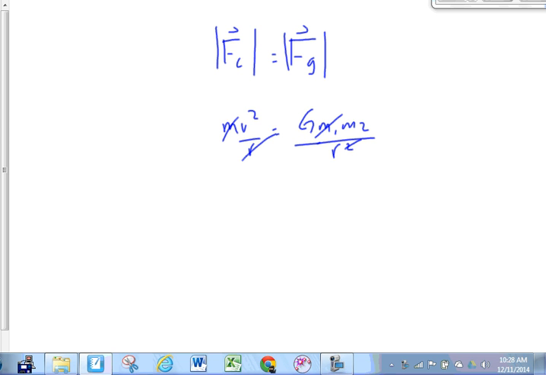That leaves us with m2, or we'll call it the mass of the producer. If the Earth is orbiting around the sun, we'd want the mass of the sun. If the space station is orbiting around the Earth, we'd want to use the mass of the Earth there. So we're left with an equation that looks like this. v squared is equal to G times the mass of the producer over r squared. You're going to rearrange this to solve for whatever you're looking for.